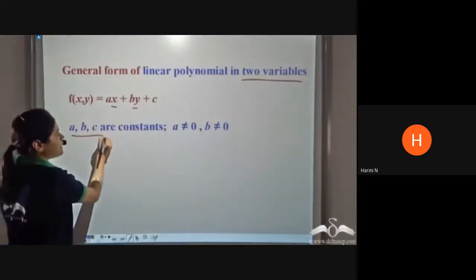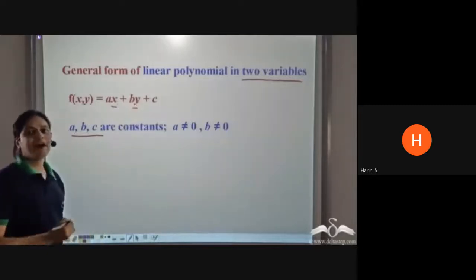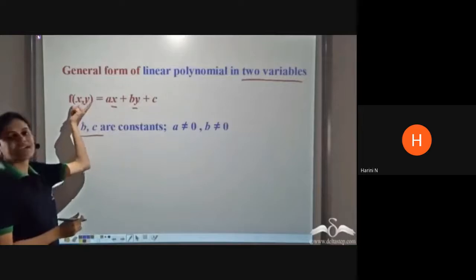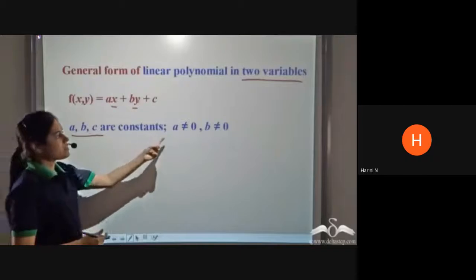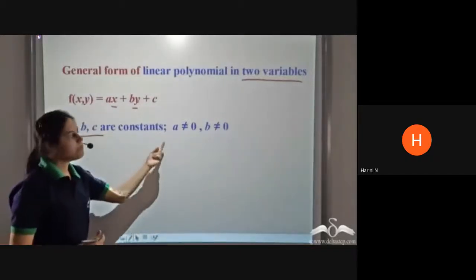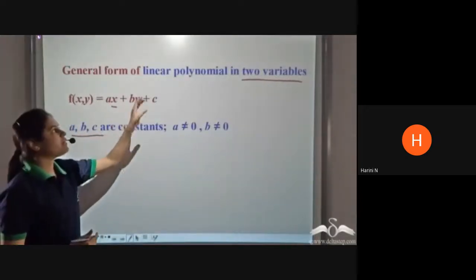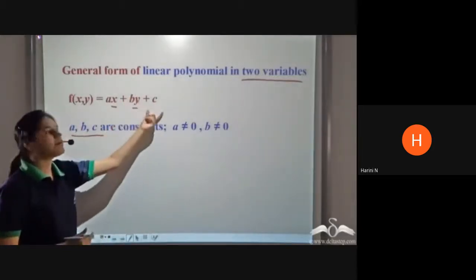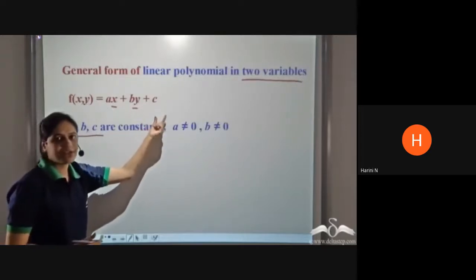Note that a, b and c are constants here, whereas x and y are variables. x and y are the variables which are written inside the bracket in this notation, and a, b, c are the constants. Again, a and b both cannot be 0, because if either of them is 0, then it will simply be a linear polynomial in one variable, and if both are 0, then it will become a constant term. So it will no longer be a linear polynomial. It will have degree 0.